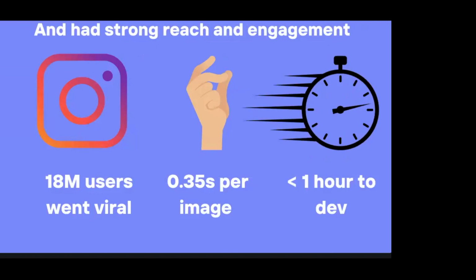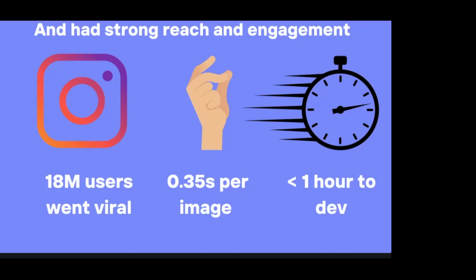And as a result, that campaign had strong reach and engagement. They saw 18 million users share their content across social media. And we were able to deliver on speed, so those images were generated in almost half a second per image.